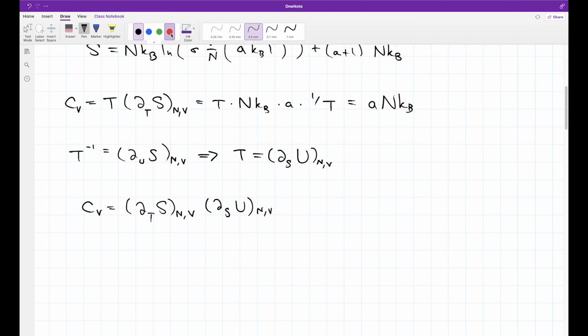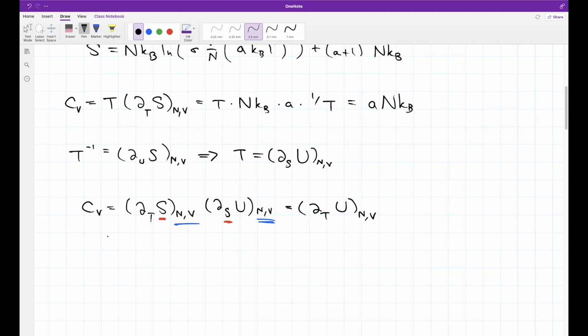So we have an S here having its derivative taken, and an S here being the thing with which we're taking the derivative. And we also have the same two fixed coordinates, which means that this is exactly equal to the partial with respect to t of u while fixing n and v.